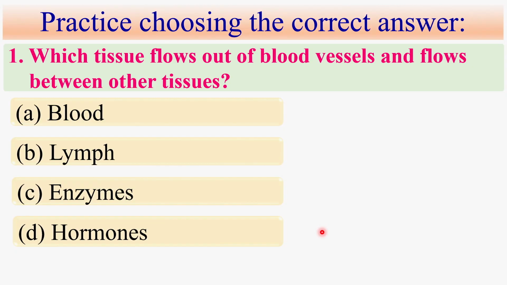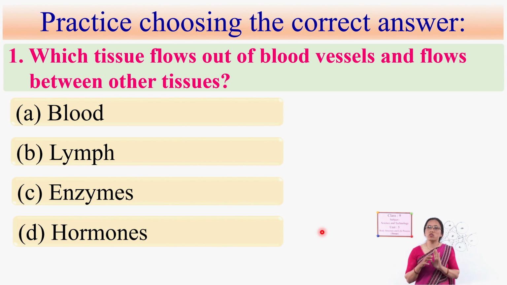In this class, we learned about different things like types of muscular tissue, types of connective tissue, functions of muscular tissue, functions of connective tissue. Just practice some questions. First question is, which tissue flows out of blood vessels and flows between the other tissues?